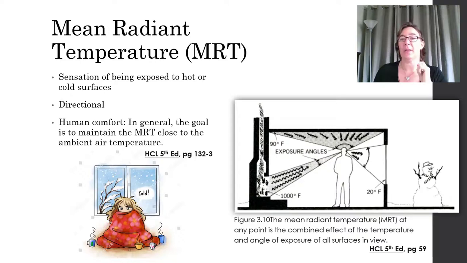So even this person here in this room that has a fireplace on one side and a cold window on the other side, they're not going to feel that mean temperature. They're going to feel hot on one side and cold on the other. All right. So in general, our goal for human thermal comfort is to maintain your mean radiant temperature close to the ambient air temperature.